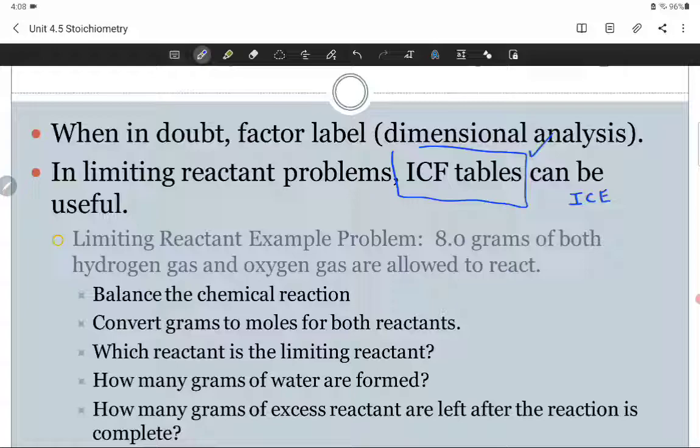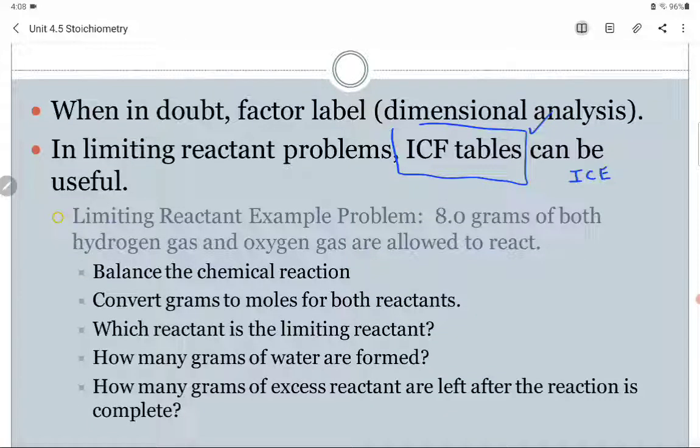But if you were given grams like this question, you have to convert that to moles first. If these were gases, which they are in this question, and it was at standard temperature and pressure, we could also use volumes in there. So we could use volumes, moles, or particles. Typically, though, we're going to convert to moles.